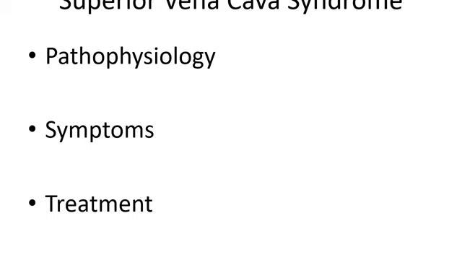Then it will progress to hand and arm edema, upper body erythema, dyspnea, nosebleeds, and late stages can cause hemorrhage, cyanosis, increased intracranial pressure, decreased cardiac output, and coma and death. So what we will do is to either surgically relieve and open up that superior vena cava with a stent, or do high-dose radiation or chemo to shrink that tumor and provide relief of that blockage.